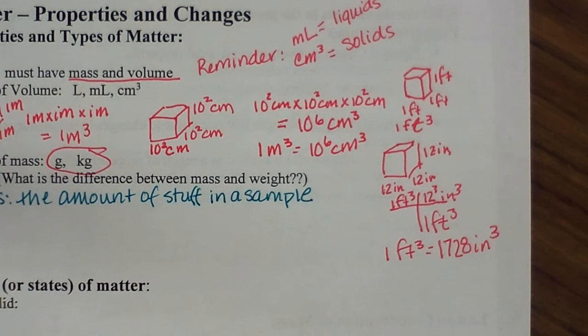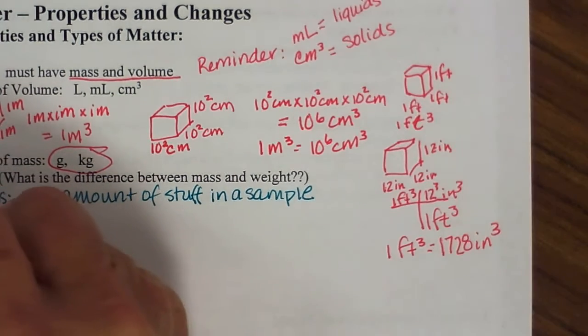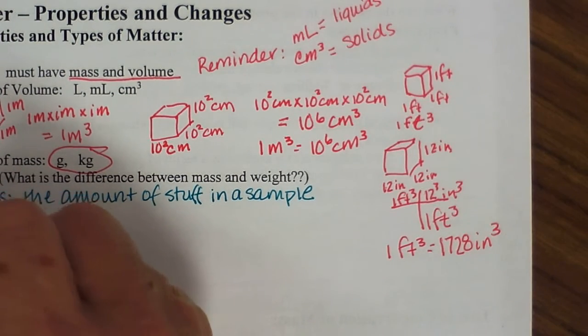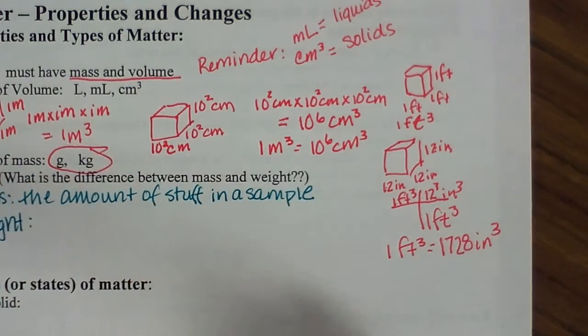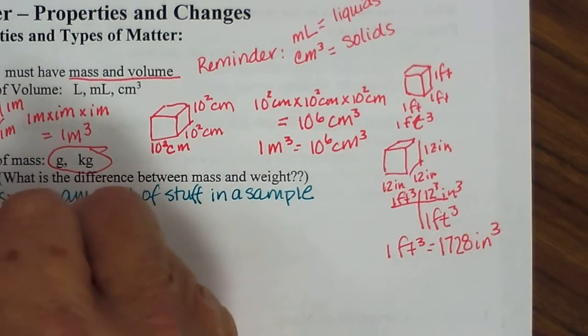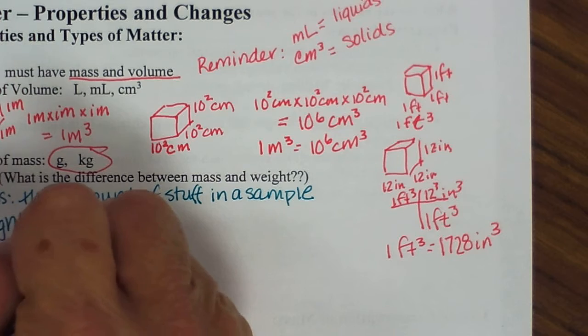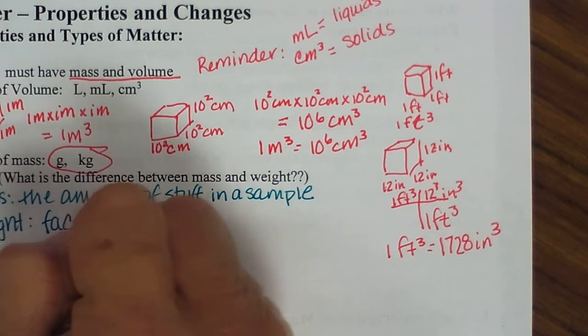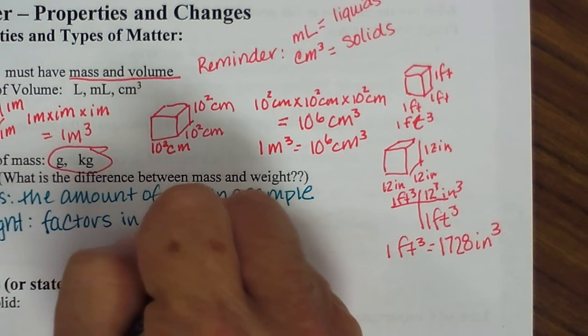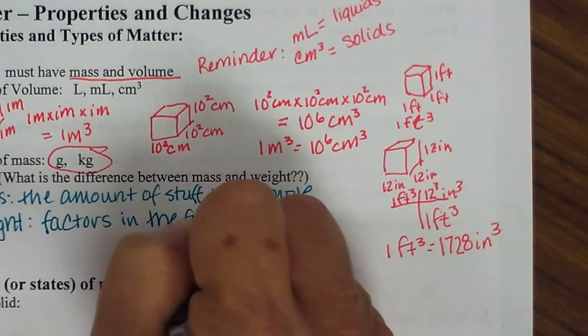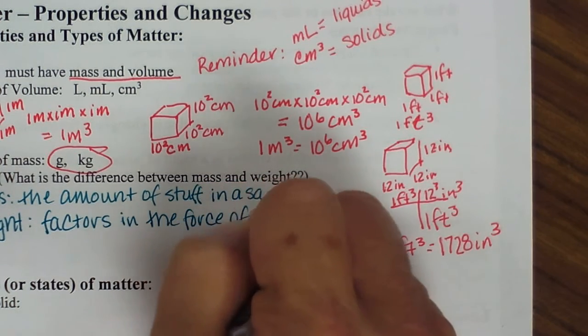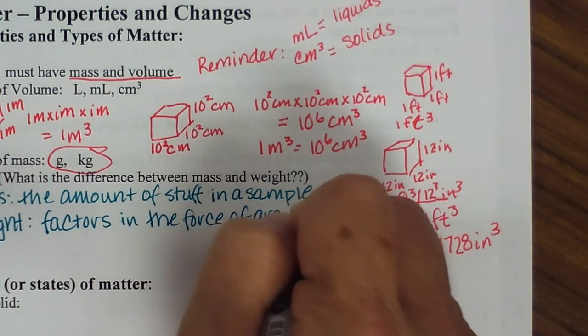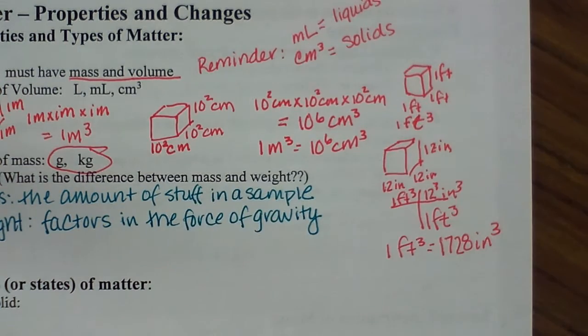What does change is the weight of that stuff, and the reason is because the weight takes into account the force of gravity. Now, the force of gravity takes into account the mass, in our case, of the planet Earth.